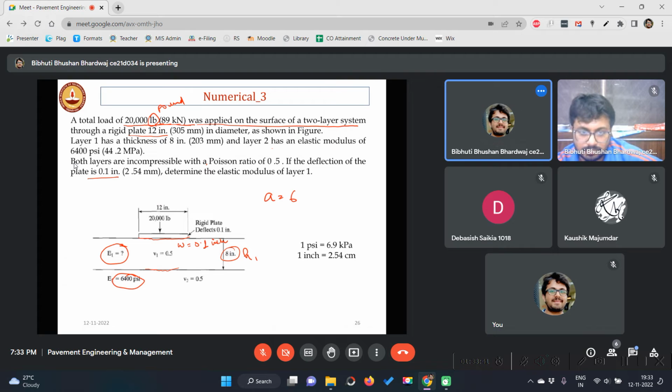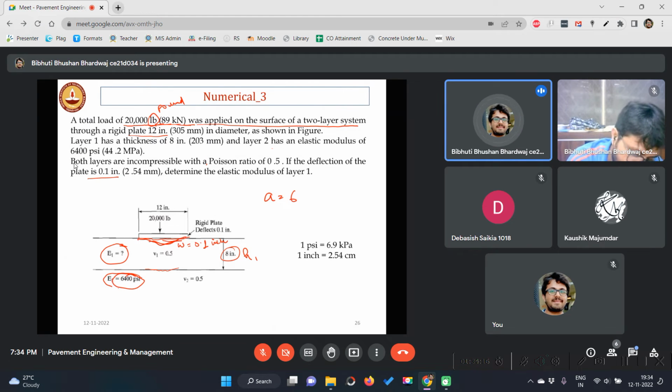Instead, you decided to take a rigid plate, keep it on the layer, and put some load over it, 2000 pound or 89 kilonewton. With a dial gauge you measured how much it has deflected. You found that it deflected 0.1 inch.